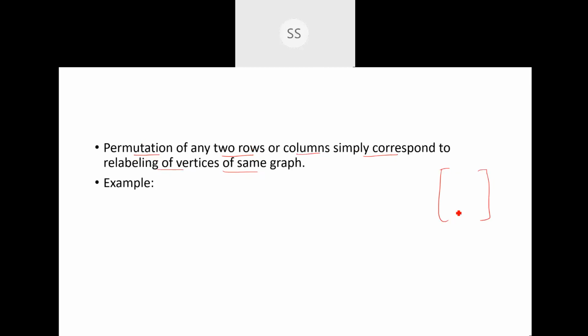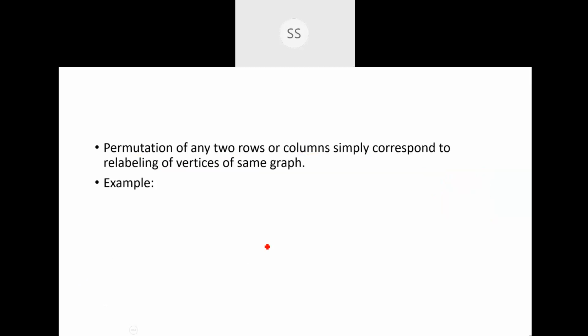So if you have V1, V2, V3 and V4 and exchange the positions, putting V2 here and V1 there, it is just relabeling the vertices of the same graph. So they are isomorphic. Now we'll look into the examples.